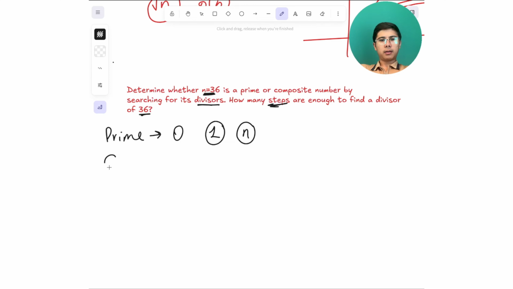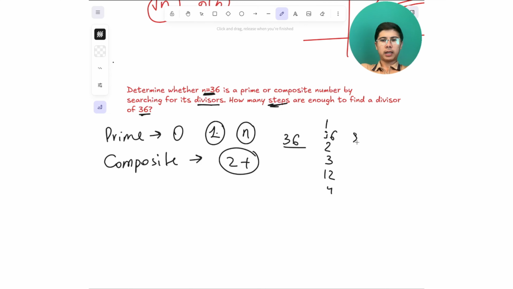A composite number is divisible by 2 or more numbers, not only 1 and itself, but also other numbers. For instance, 36 is divisible by 1 and itself, and 2, 3, 12, 4, 9. It means this number is composite, not prime. If we see 37, it is only divisible by 1 and 37 itself, no other numbers. That's why this is a prime number.